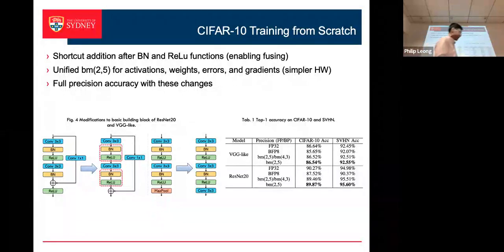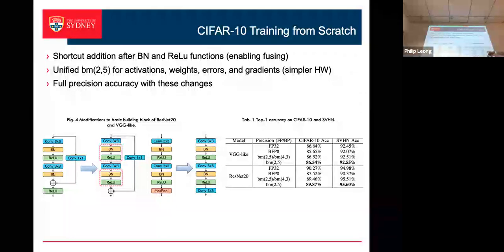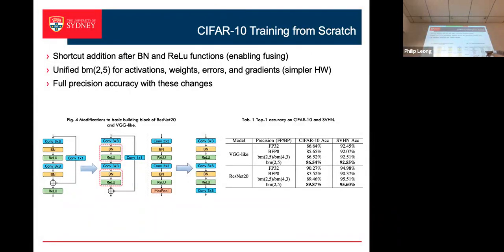What we checked was that for both the VGG-like network and the ResNet 20, with this change we get the same accuracy. We don't lose anything by making this change.